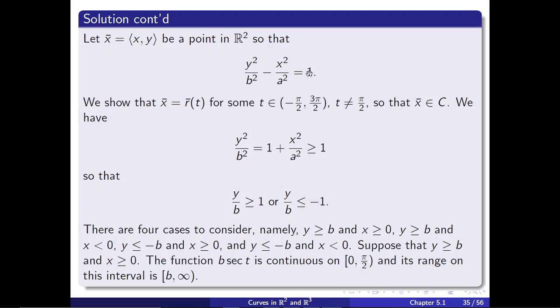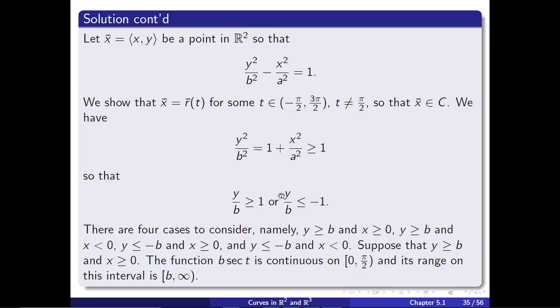We just took that term to the other side, and because x squared over a squared is greater or equal to 0 at all times, 1 plus that becomes greater or equal to 1. And so y over b is greater or equal to 1, or y over b is less than or equal to minus 1, right?